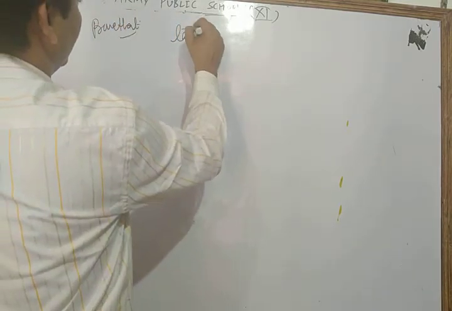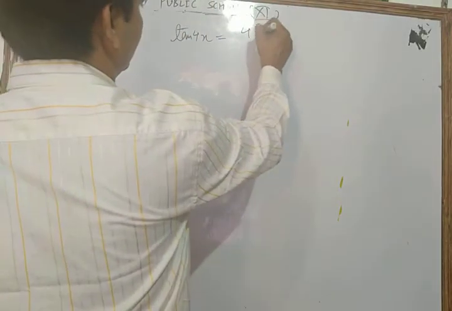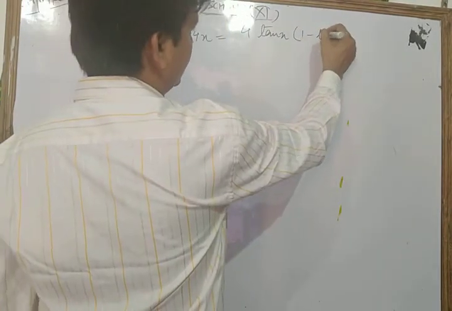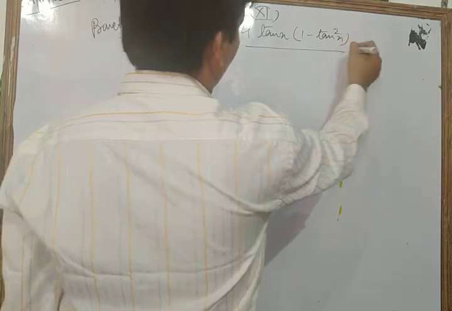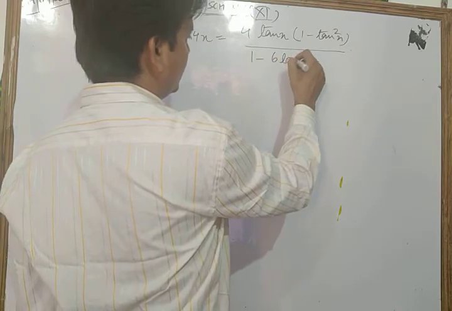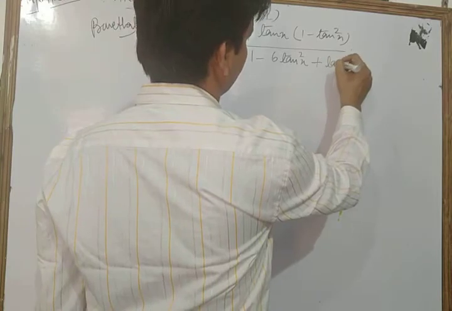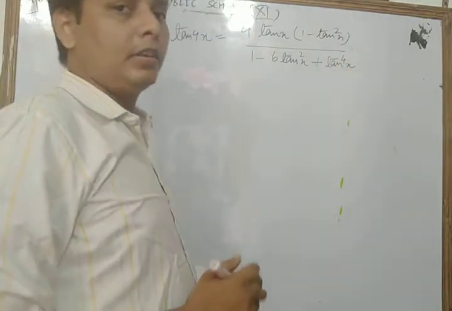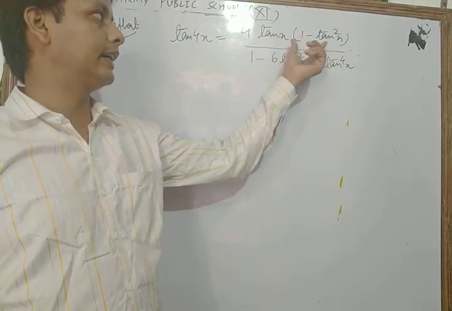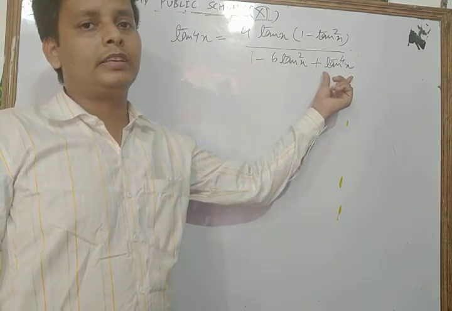Prove that tan 4x is equal to 4 tan x (1 minus tan square x) upon 1 minus 6 tan square x plus tan to the power 4x. Okay, dear students, we have to show that tan 4x is equal to 4 tan x (1 minus tan square x) upon 1 minus 6 tan square x plus tan to the power 4x.